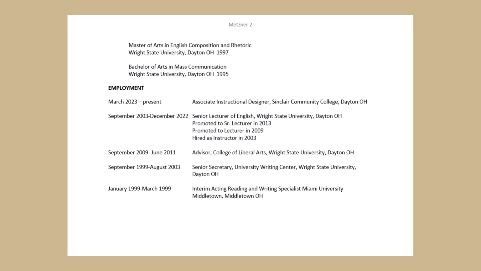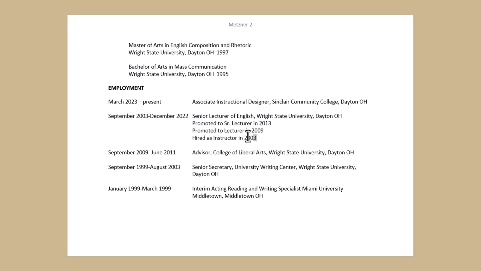Okay, so here is my employment section. As I mentioned, you can start with your dates of employment, followed by your title, then the employer, and then the city and state. Okay, so you can see in March, I started a new position as an associate instructional designer at Sinclair in Dayton, Ohio. From September of 2003 to December of 22, I was a senior lecturer of English at Wright State in Dayton.